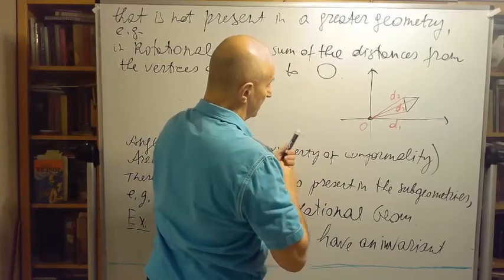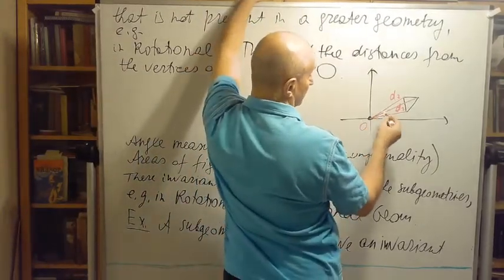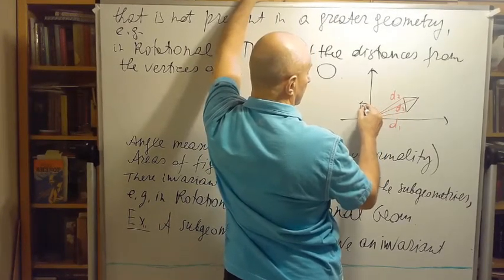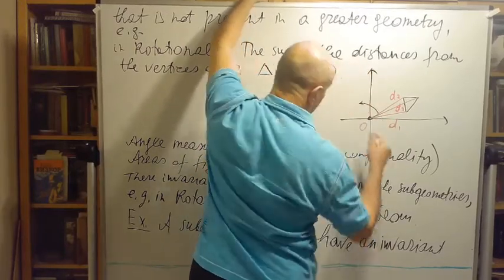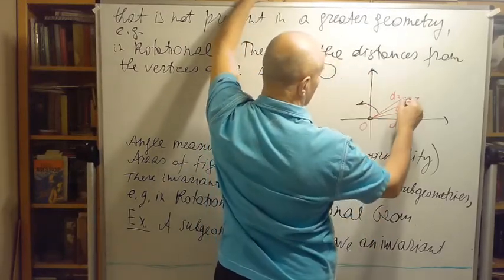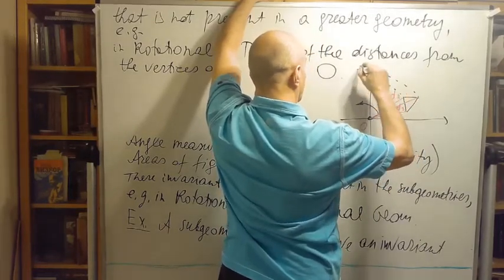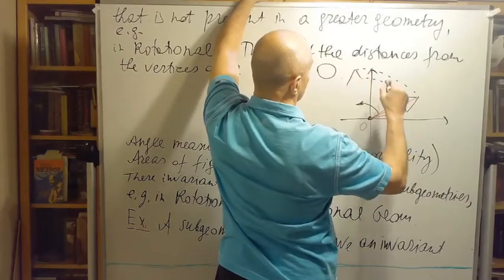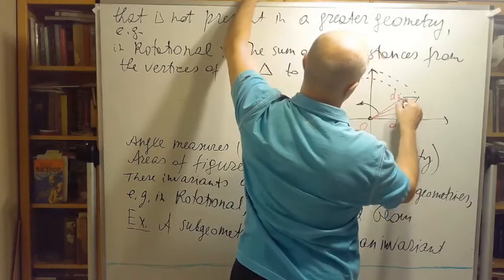And we subject this triangle to a rotation. The distances would not change under the rotation. The triangle will become another triangle, trying to make a realistic picture.